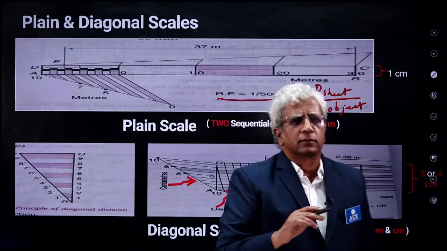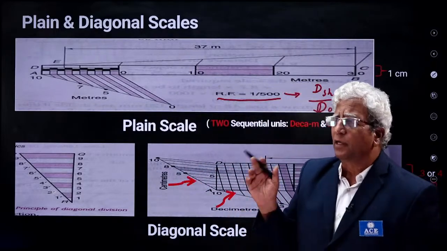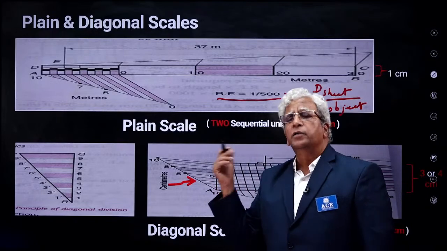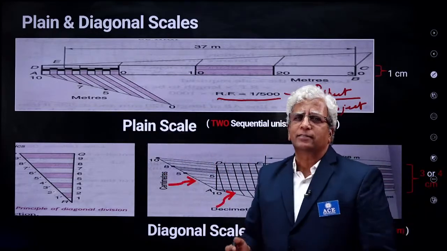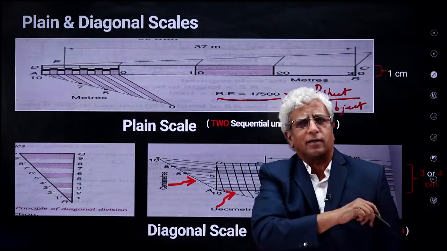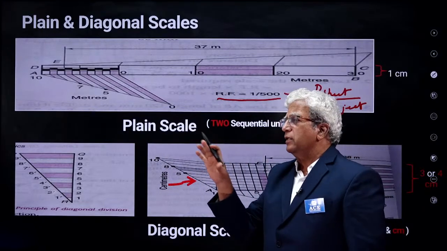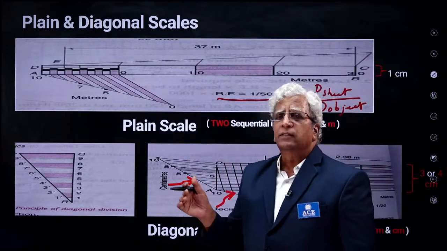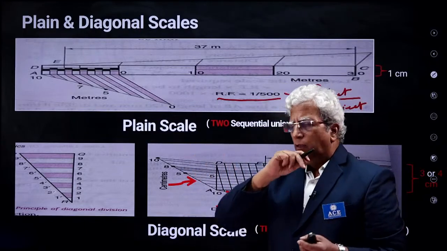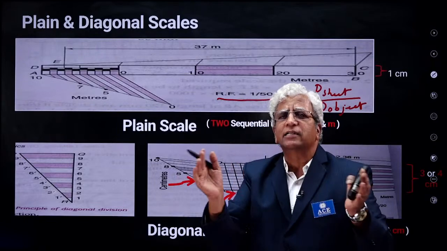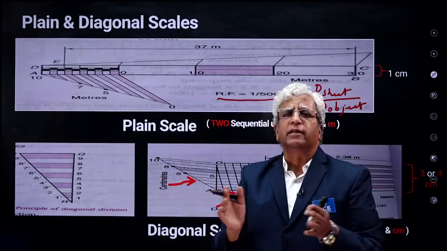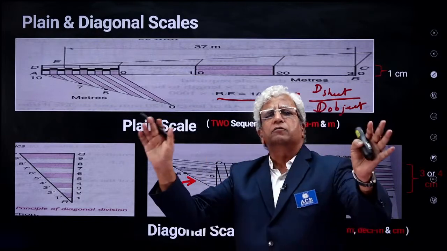If it is civil engineering context, all the building drawings, etc., we draw with a reduced scale. You reduce the size so that the RF is less than 1. If it is a compatible size, certain objects whose size is within the drawing requirements, we will draw it to 1:1 scale.